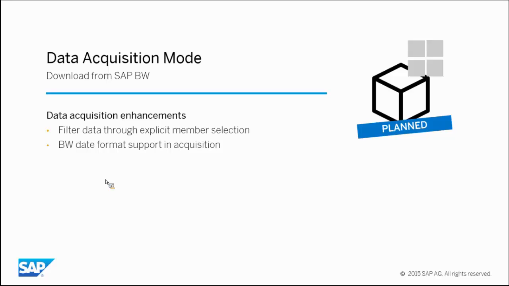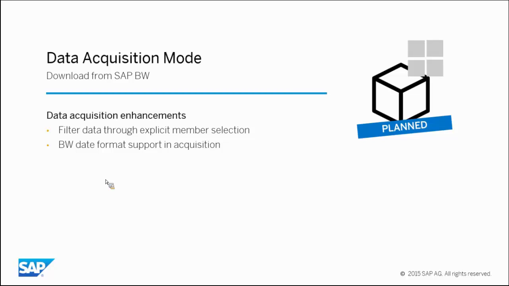But with this filter feature, for a particular dimension, if you are interested in particular values for analysis, for example, if you are acquiring the country dimension and you are looking to analyze a particular country in the Lumira document, you can straight away filter during the acquisition itself, so that you bring in the subset of the data rather than bringing in data for all the countries and then filter it within the tool.